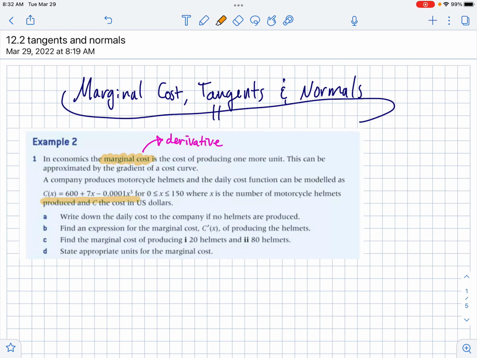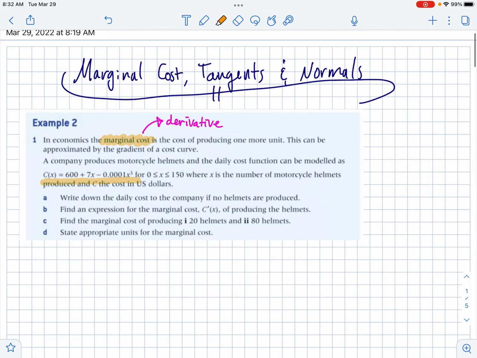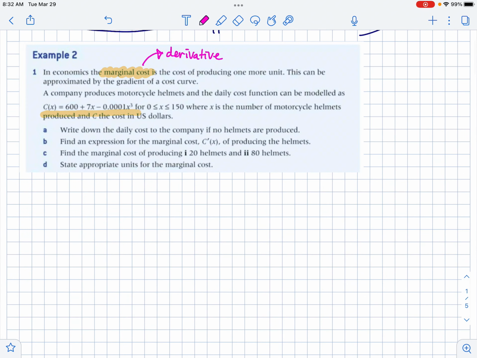They tell us the cost of producing motorcycle helmets can be modeled by this function right here, only from 0 to 150, where x is the number of motorcycle helmets produced and C is the cost in US dollars. First up, part A: write down the cost of the company if no helmets are produced. Well, if no helmets are produced, that's putting a 0 into the function.